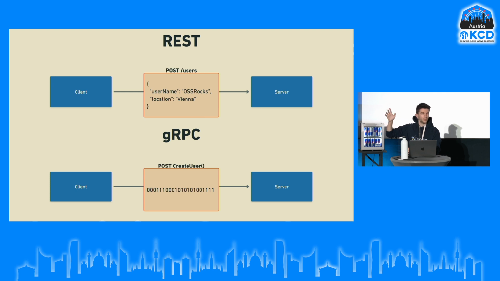We don't really bother with that in gRPC. Rather, we're calling a specific function. And that function is not something that you really see. It would be encoded within the binary data format, but it's easier to understand if I say here, POST CreateUser. But the important aspect here is that client and server need to understand these zeros and ones.